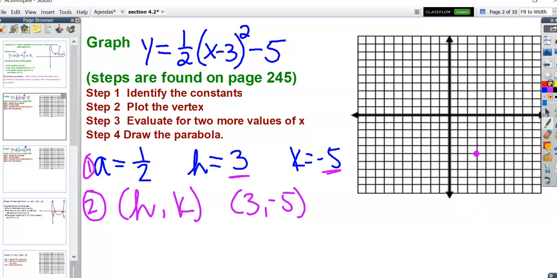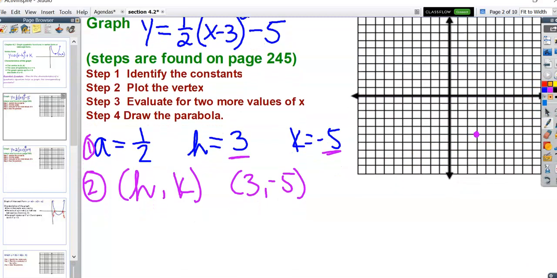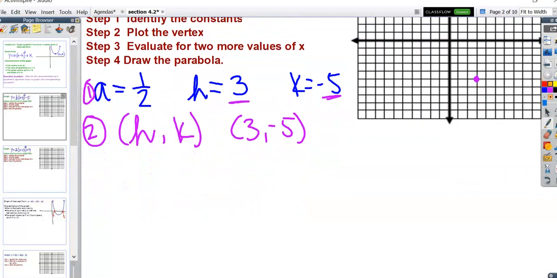Step 3, we want to evaluate 2 more values for x. So I'm going to create a table, x and y. I'm going to put the vertex right in the middle.